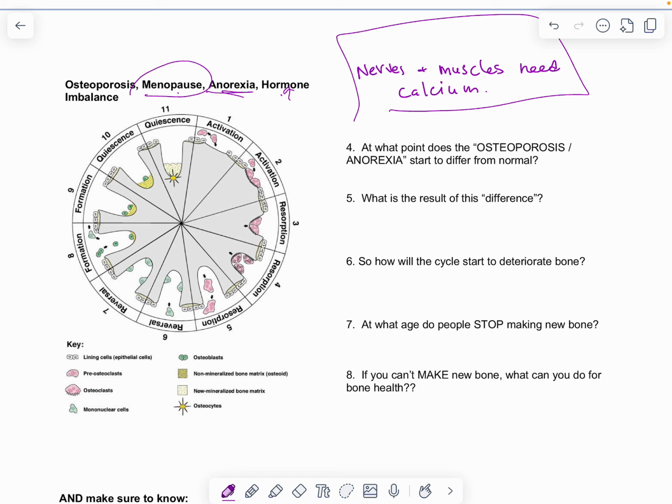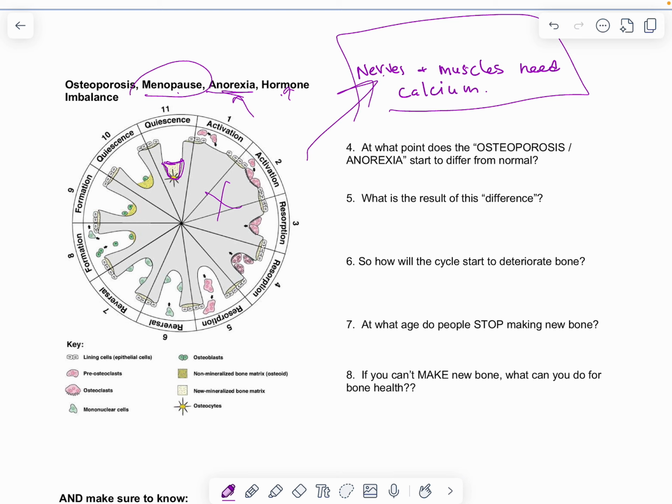If somebody is not eating, let's just take anorexia, for instance. They are not eating. Are they getting enough calcium? Because nerves and muscles need the calcium. Obviously not. Where do we go to get it? To the bones. So activation. And now look at our resorption pit. It's very deep, and it's not getting filled up. It's a lot less than it was. So wait a minute.